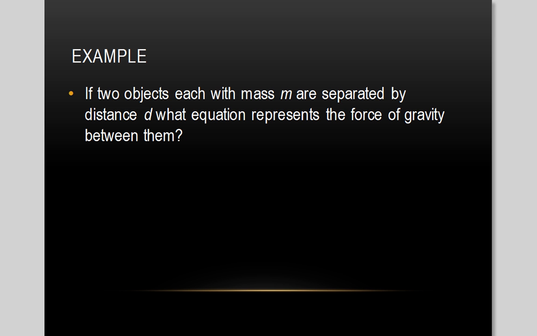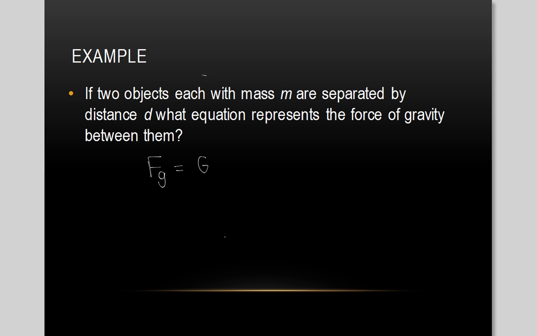Okay, if two objects, each with mass m, are separated by a distance d, what equation represents the force of gravity between them? Fg will equal the constant, capital G. This is the universal gravitational constant, G. It's on the data sheet if you need to type it in manually.